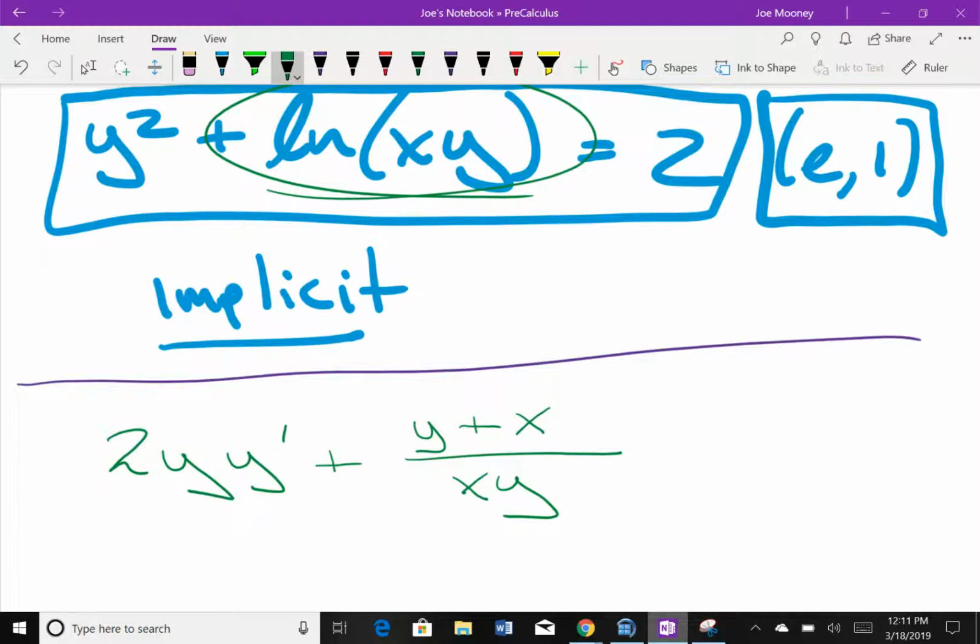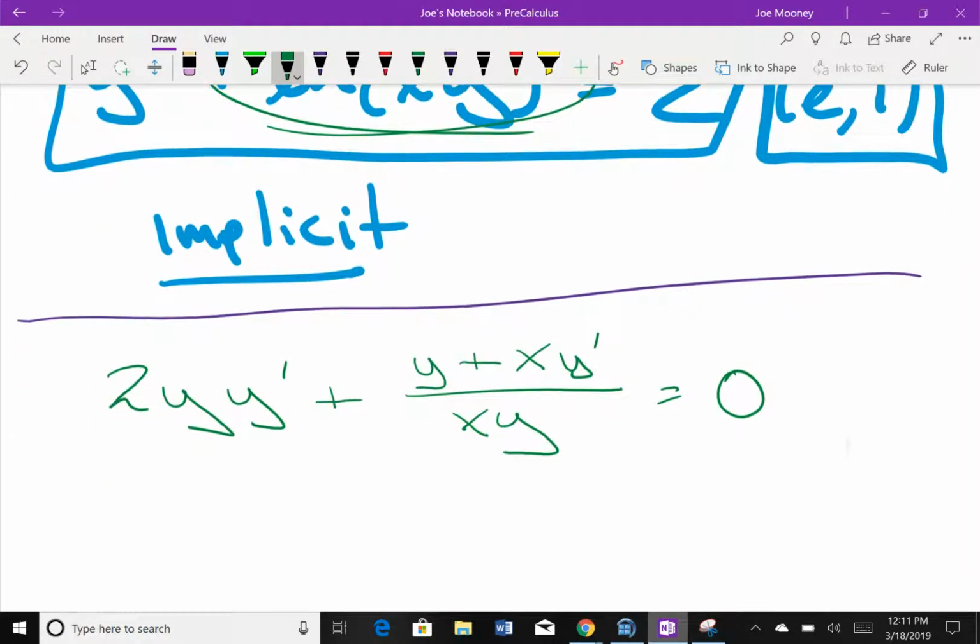So the derivative of y is the number 1, followed by y prime, is equal to the derivative of 2, which is 0. So there's your derivative function.